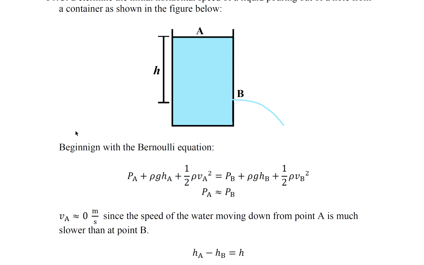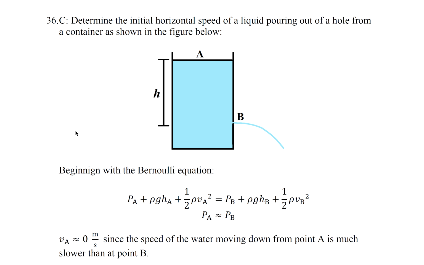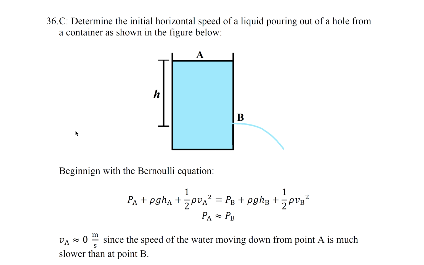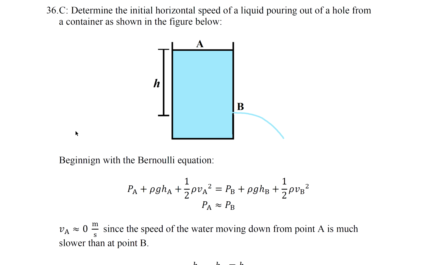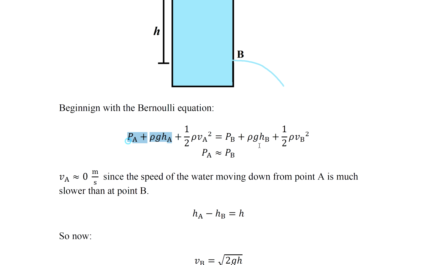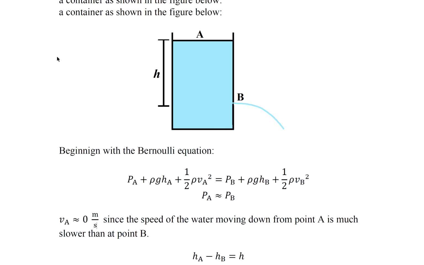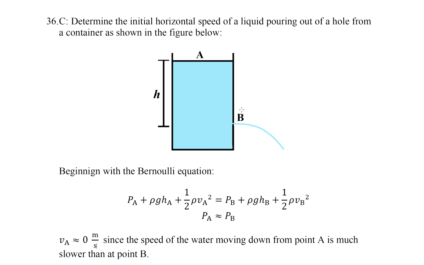So beginning with the Bernoulli equation, and I spelled beginning wrong, I'm sorry. We have this. We're going to say the pressure at A is equal to the pressure at B almost, because these are both pressures from the air.